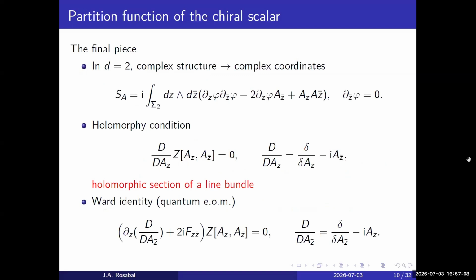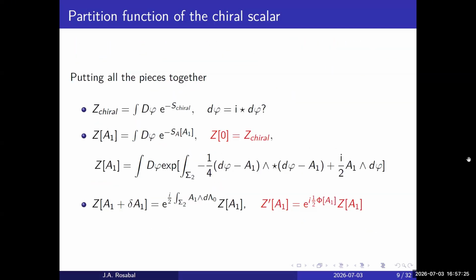Yeah, exactly. And now you see that in the action in complex coordinate you don't have this object. I mean, there is no coupling between A and this. This is why you don't need this condition in the quantum theory. I mean, this action already takes into account this condition.